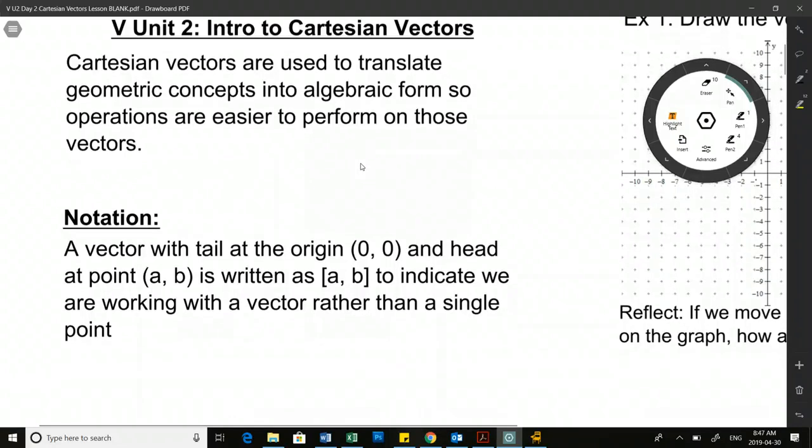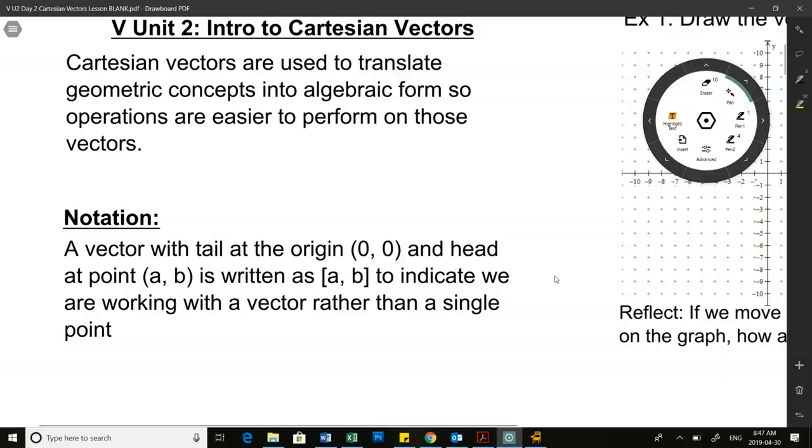Okay, so our notation, like we said yesterday, is that we always want to express our Cartesian vectors as if their tail is at the origin and their head ends at some point (a, b). Then we express the vector with square brackets. We have to make the distinction between this notation and our interval notation from advanced functions because it looks similar.